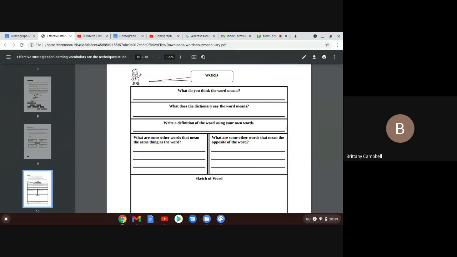Or live with mommy or daddy or whomever of our choice. And number four says some other words that mean the same as the word live. Based on that, I could have settle, board, and reside, as I said earlier.